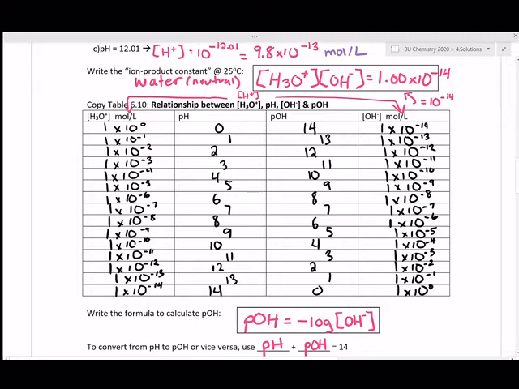And the hydroxide is going to be tiny, tiny, tiny. It's 10 to the negative 14. So if this number is big, this number is tiny. And then as you work your way down, you'll see that this number gets tiny for hydrogen, but the hydroxide gets huge.